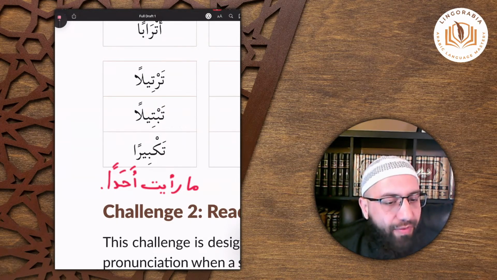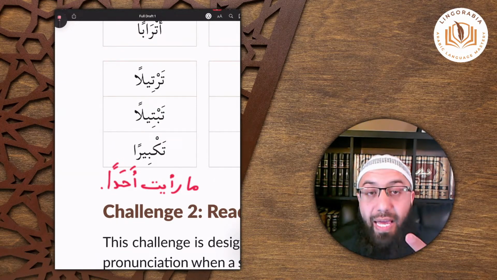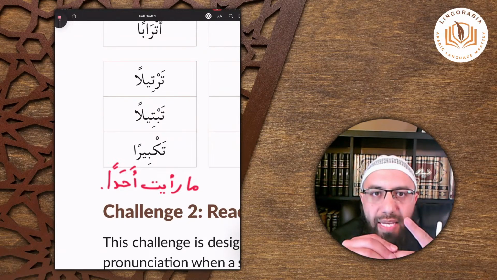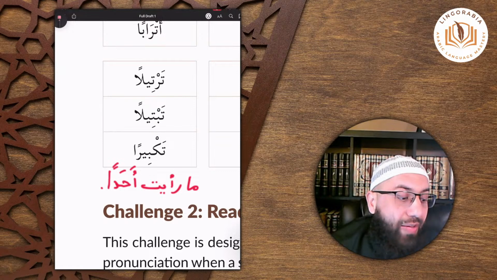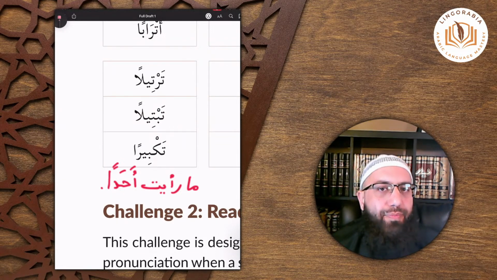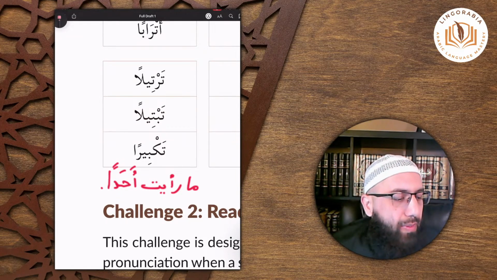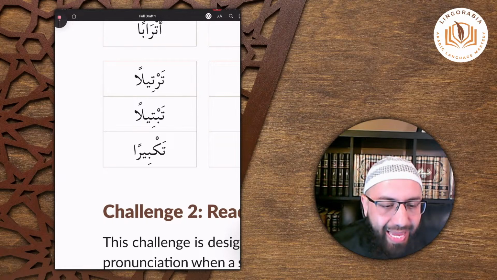So whenever you stop on tanween al-fath, the tanween that comes with two fathas, so you have a fatha and you double the haraka, you get two fathas, whenever you have this and you stop, you read the alif. So that's how you should understand this, inshallah ta'ala.